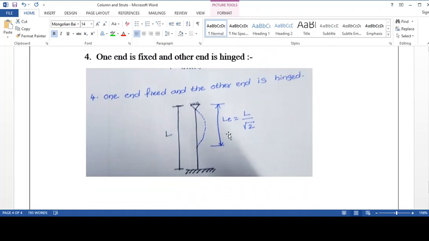Fourth one, one end is fixed and the other end is hinged. In that case effective length LE is equal to L by root 2. Let's see one more time: one end is fixed, another end is hinged, effective length LE is L by root 2.